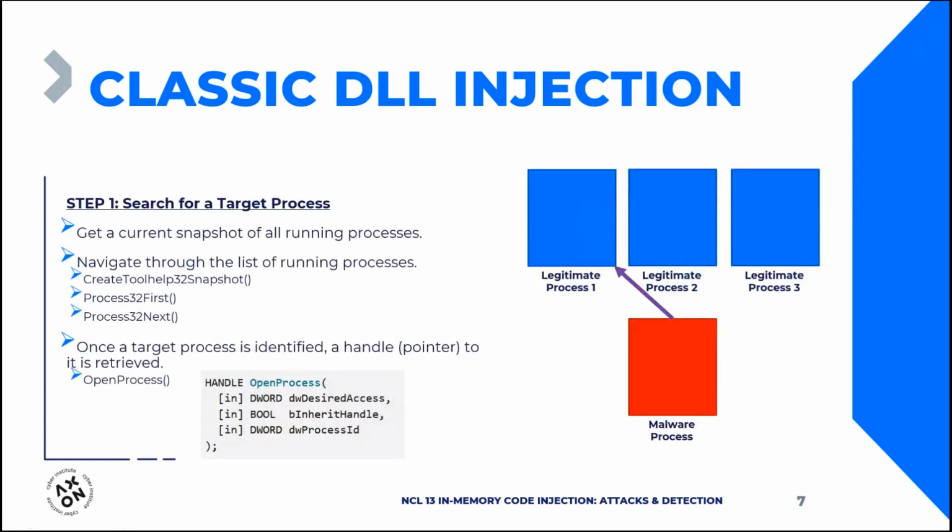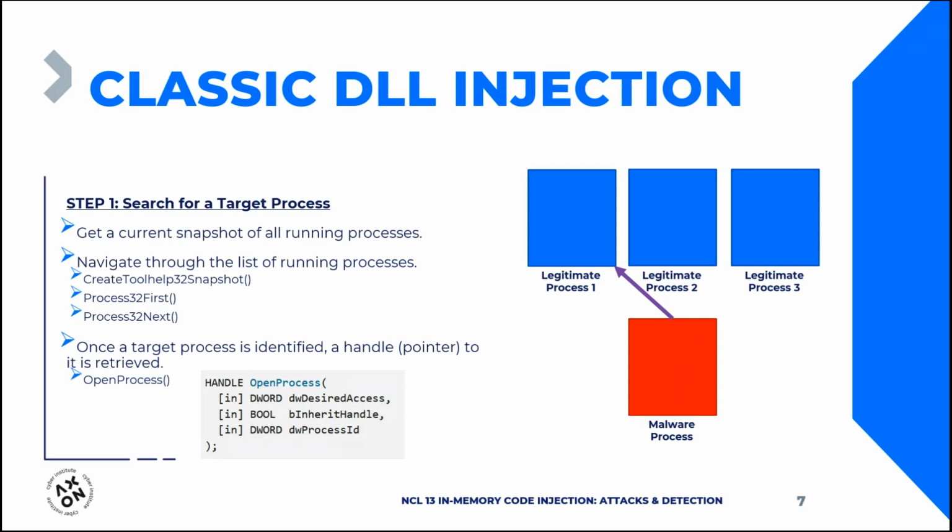Let's see the steps for classic DLL injection. Step number one, look at the graph over here, the malware process in red. This is the malware process that ultimately is going to destroy itself and inject its malicious code into a legitimate process. So step one, it needs to search for a target process.